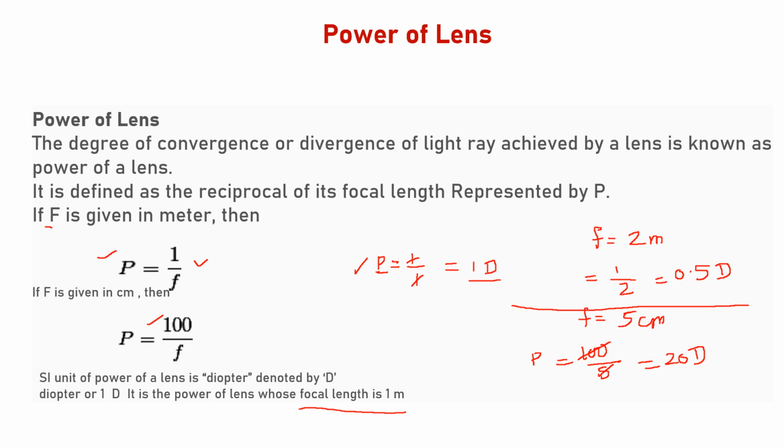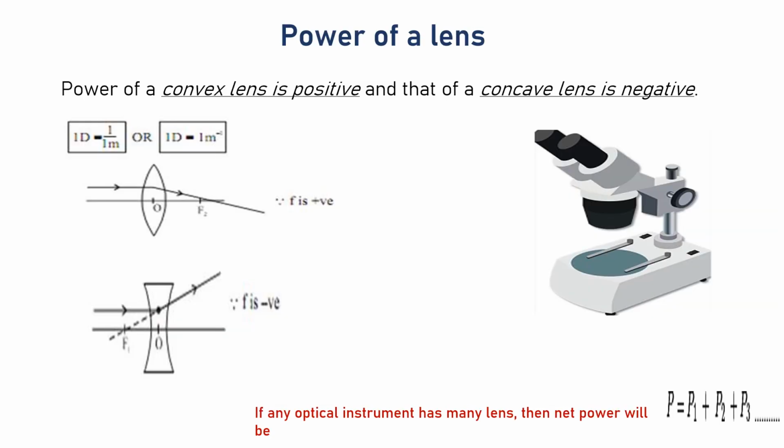Okay, children? Now here comes the point: the power of a convex lens is always positive. You must have heard people say that my power is 0.75, or someone says it's plus 1, or someone says it's minus 1.2, right? So what do the positive and negative signs mean here?